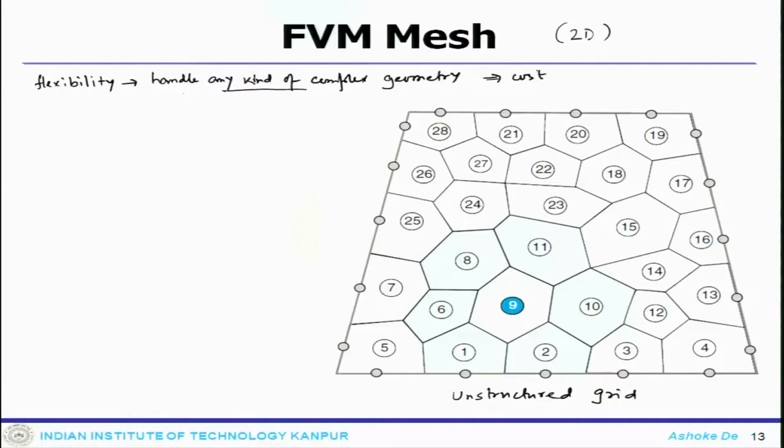When you can handle a complex geometry, obviously in an unstructured system the elements are not numbered sequentially. So, the local connectivity information must be kept in your data structure.